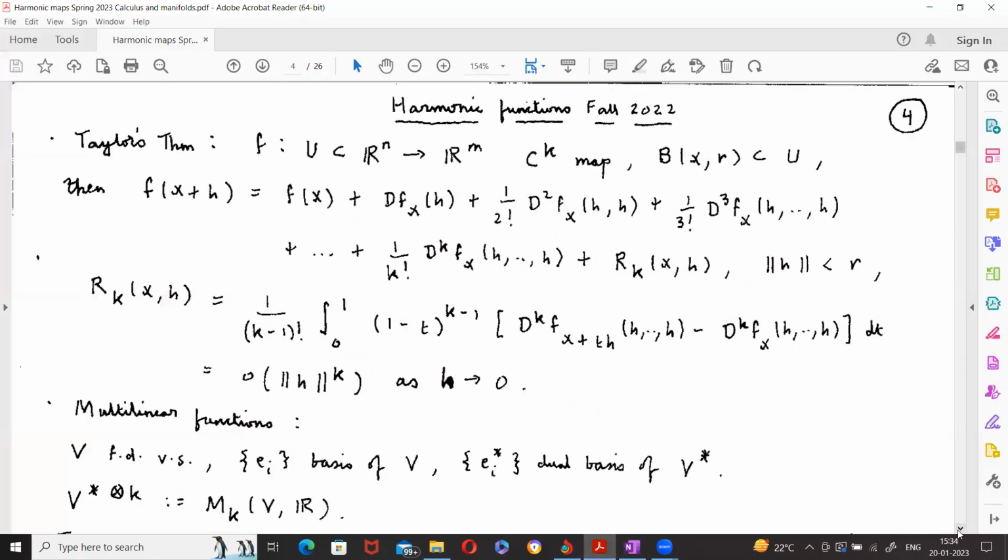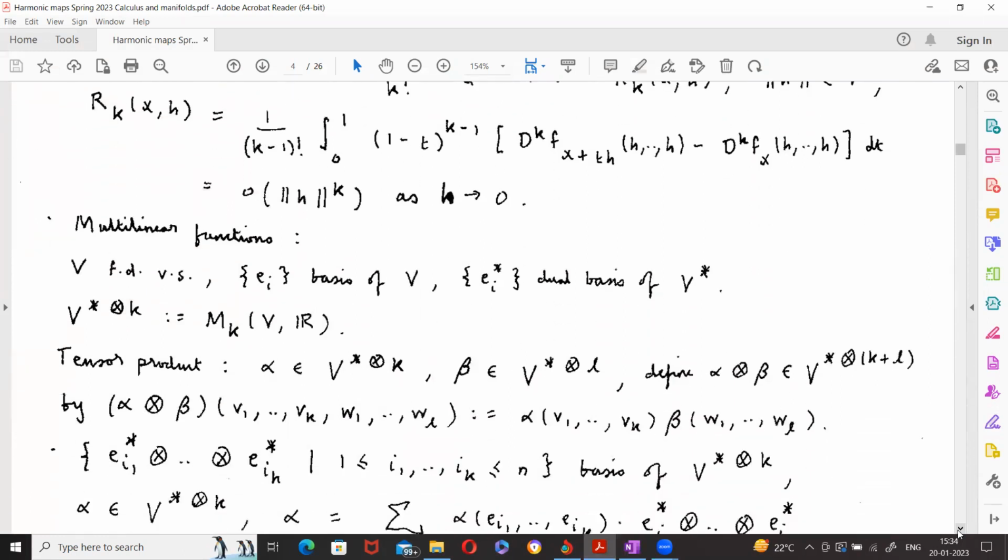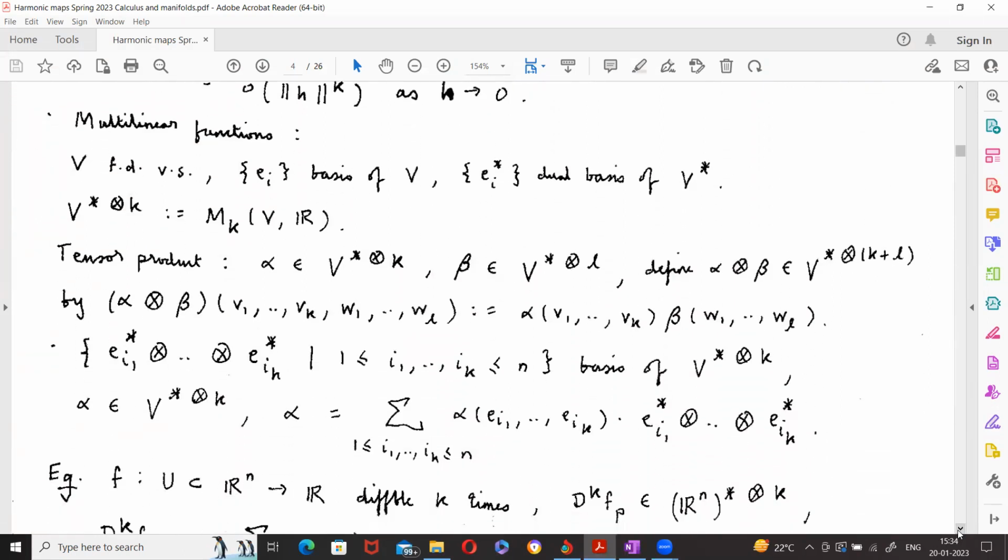Okay, so here I have a little write-up about multilinear functions. This we already did.